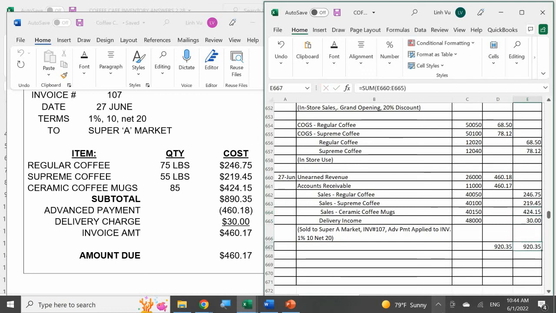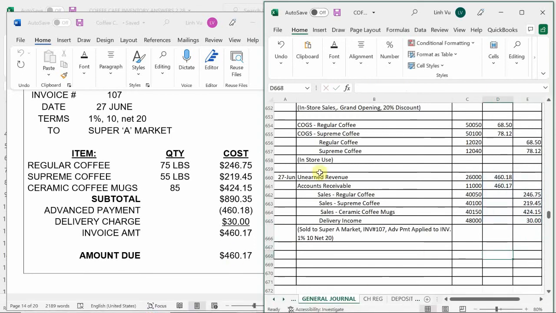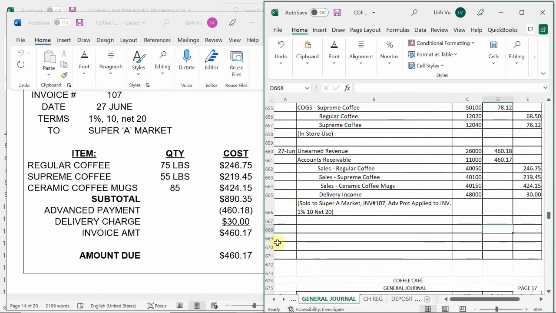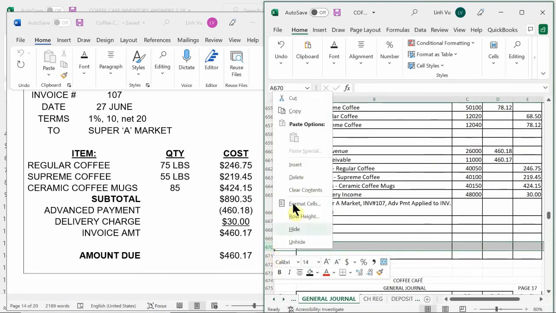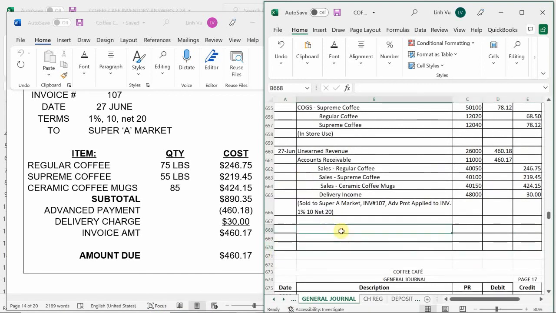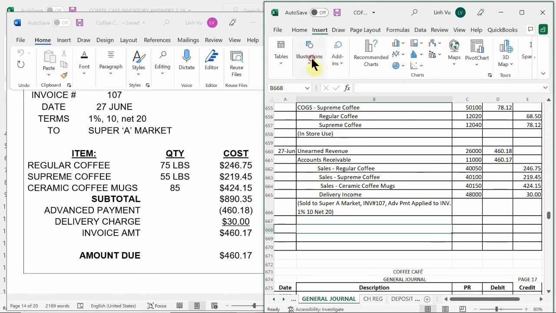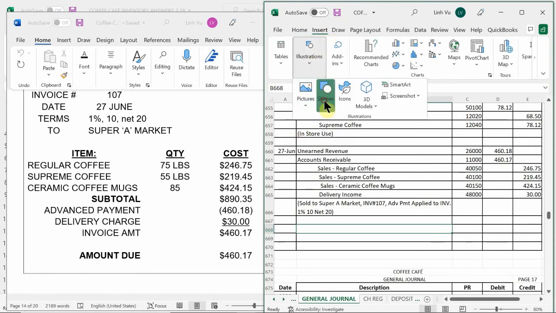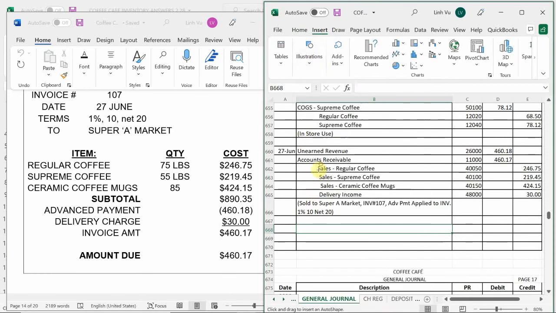Okay, plus my $30. There you go. 920.35. It on both sides is correct. So because I added a line in here, I do need to delete a line here, right? And that's definitely enough space to add a transaction in there. So before I continue on, I am going to draw a line there to prevent anybody from adding any transactions in between.